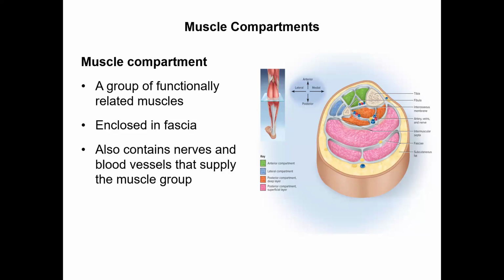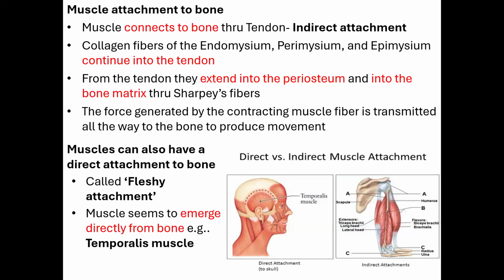That's why we have the muscle compartments, so that there is a nerve supply and a blood supply for that particular muscle group. So nature has done it very well. It's beautifully organized, okay? So we're going to look into that organization now.